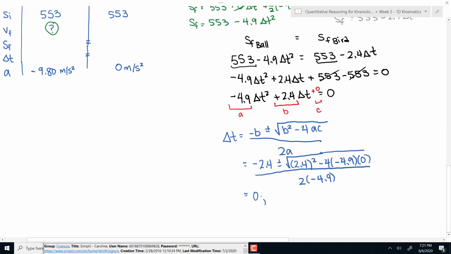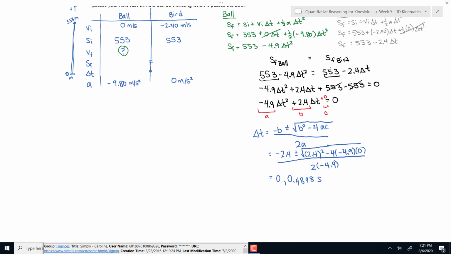If you can do that, that will save you some time. And I'm changing the plus to a minus. And I get 0.4898 seconds. Okay, so the time when the final position of the ball was equal to the final position of the bird is at 0 seconds. So that's initially because the bird had just passed the ball, and after 0.4898 seconds.